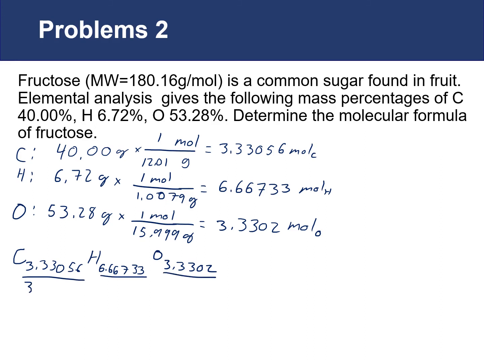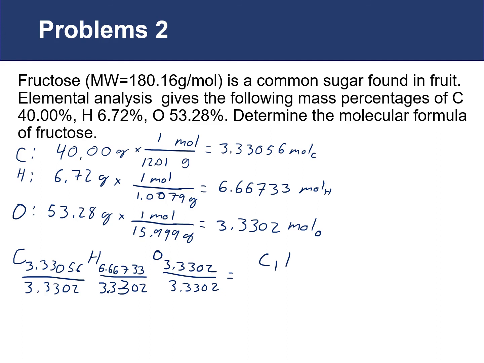Divide each one by 3.3302, and that would give us C. We can see that 3.33056 divided by 3.3302 is close enough to 1.